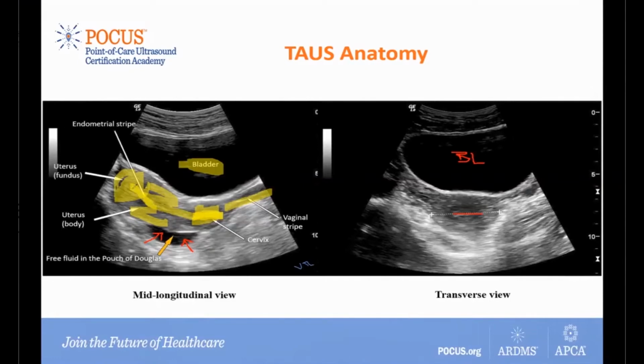This is going to be the right hand side, and this is going to be the left hand side of the patient, and of course this is anterior, and this is posterior right here. So if you're looking for free fluid, we'll be looking in the posterior region also, and sometimes it would be seen a little bit on the sides as well.